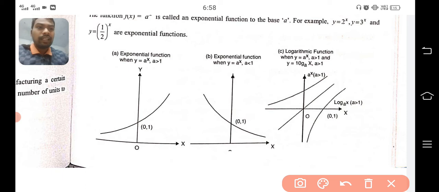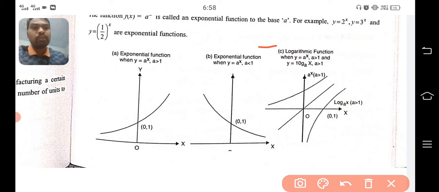But the logarithmic function, when y is equal to a to the power x and a is greater than 1, and y is equal to log a x, where a is greater than 1, we can have a curve like this. So here a to the power x, when a is greater than 1, should be a positive slope. Then in the other graph we can denote the logarithm function like that, log x, where a is greater than 1.